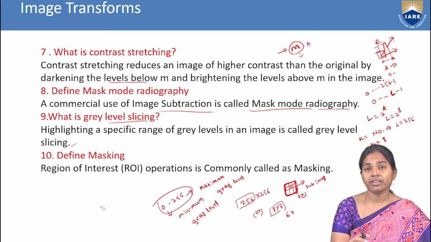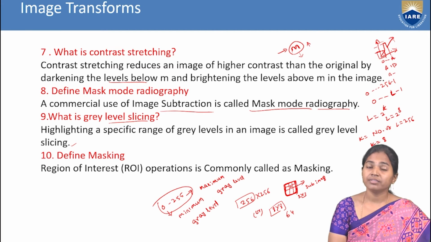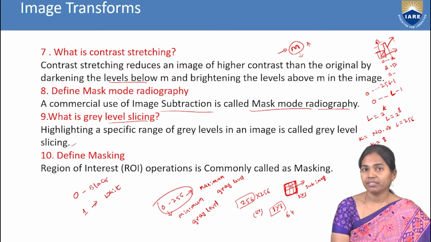In a binary image we have only two variations, one color is black and one color is white. So binary represents only two values, 0 and 1. 0 is black, meaning minimum gray level, and 1 is white, meaning maximum gray level value.